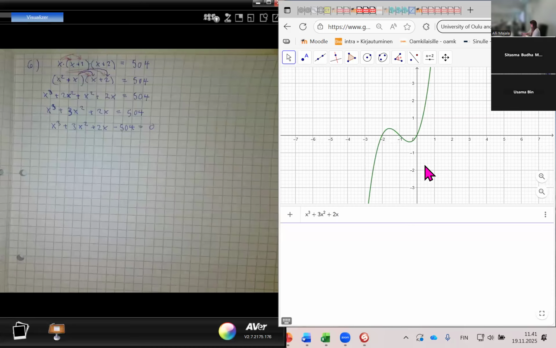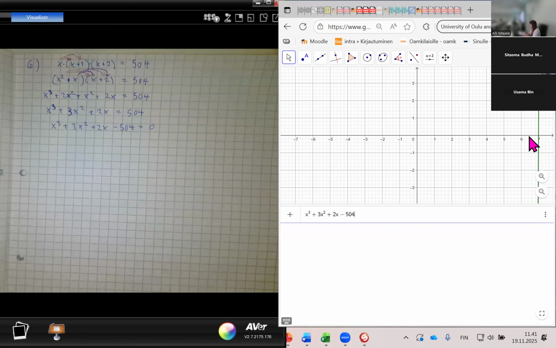But then when I put here this term, I can see that it goes upwards and just like down, down, down, and here up, up, up. So now I lower it, I put it 504 down. So the one line that came up seems to be my root.